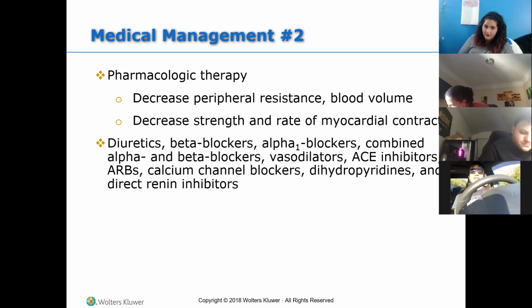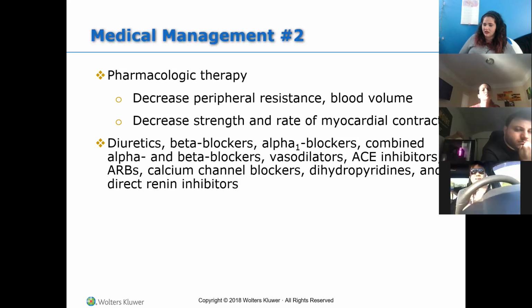Somebody type HCTZ, or what was it? Hydrochlorothiazide, yeah. Isn't that a diuretic? A thiazide diuretic, yeah. How does an alpha blocker work again? Alpha blocker? Oh, I don't remember.